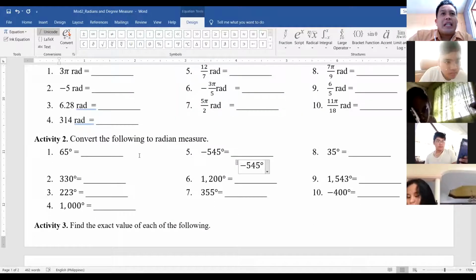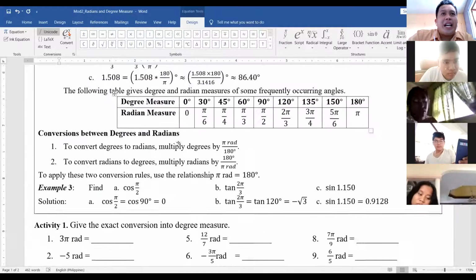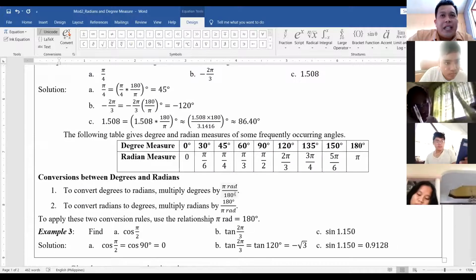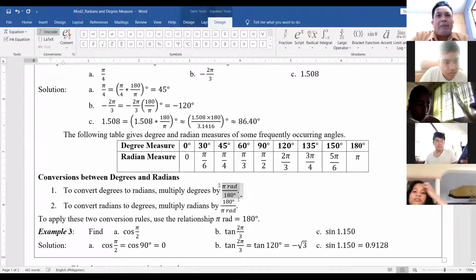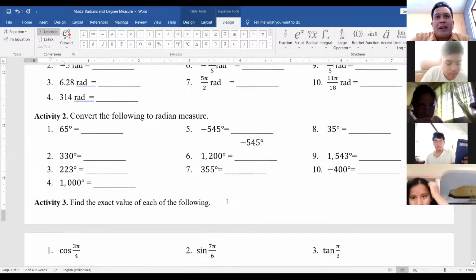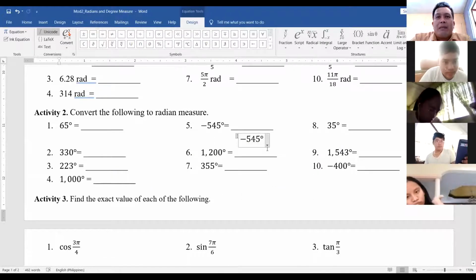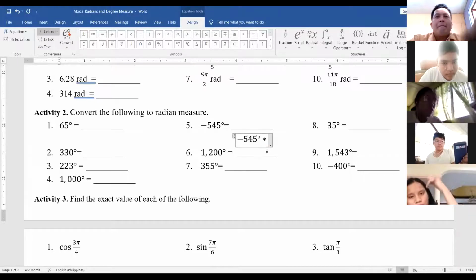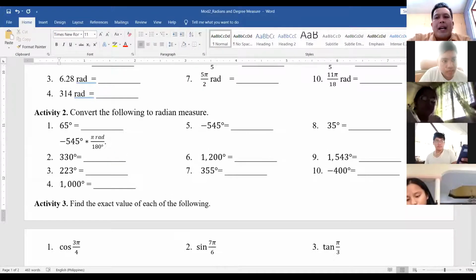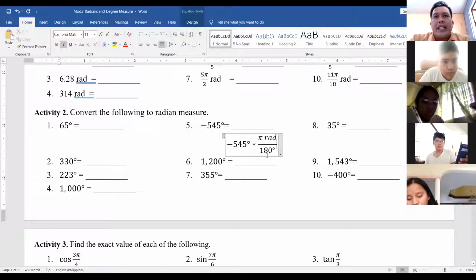To convert degrees to radian, we multiply it by pi rad over 180 degrees. So that is what we're going to do here, class. We multiply this by pi rad over 180 degrees. Follow?